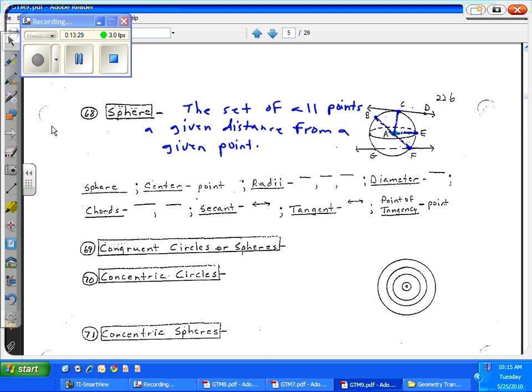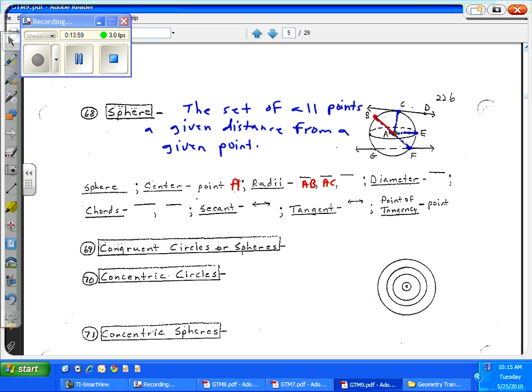Again, if we insert in a plane, it makes it flat and we have a circle. Okay? The given distance is called the radius again, and the given point is called the center again. So the center would be the given point, point A. The radii would be from the center to a point on the sphere, a segment from the center to a point on the sphere.